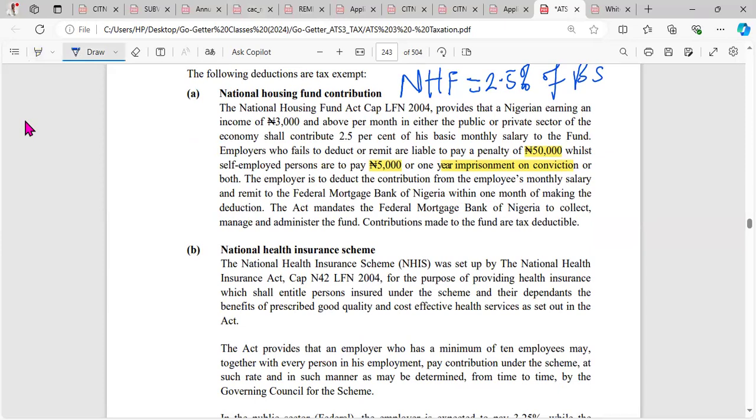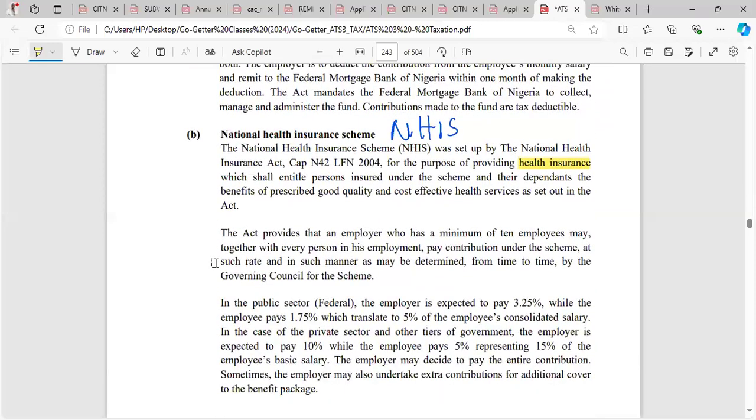Then we have National Health Insurance Scheme. We call this one NHIS. Now, the NHIS was set up by the National Health Insurance Act for the purpose of providing health insurance, which shall entitle persons insured under the scheme and their dependents the benefit of good health. The act provided that an employer who has a minimum of 10 employees may, together with every person in his employ, pay contribution under the scheme and at such rates as determined from time to time.